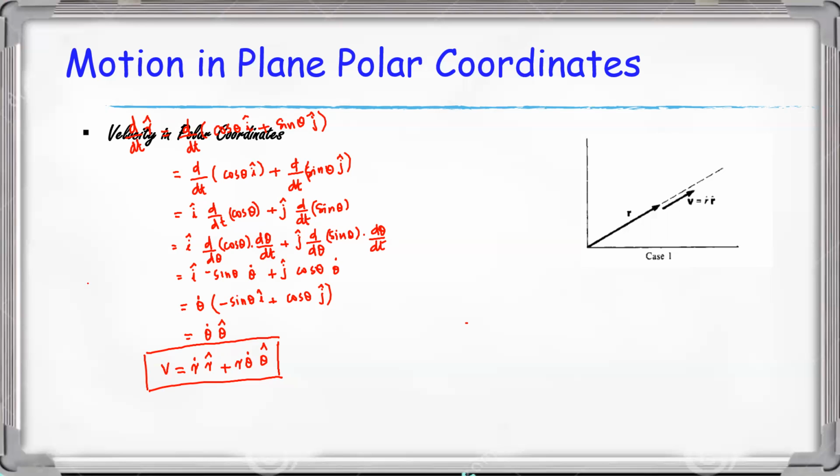In the first case, there is one-dimensional motion. In which direction? In a fixed radial direction.